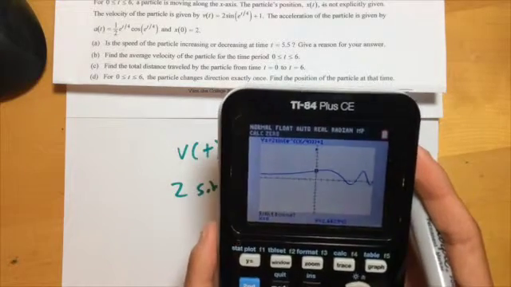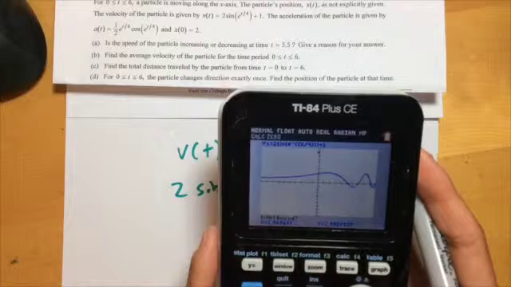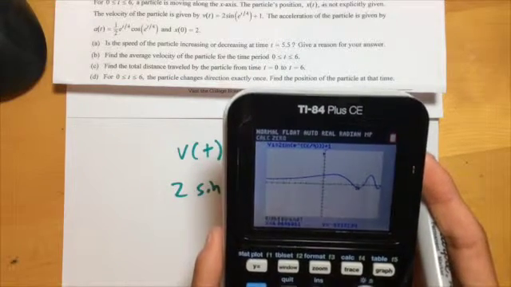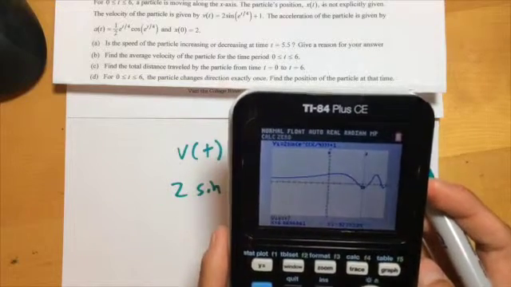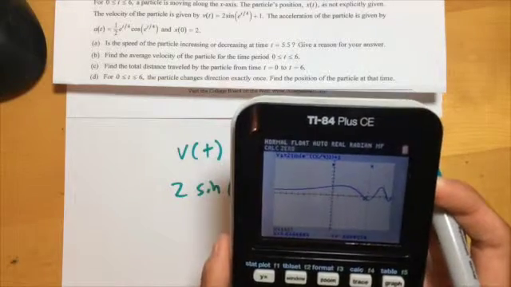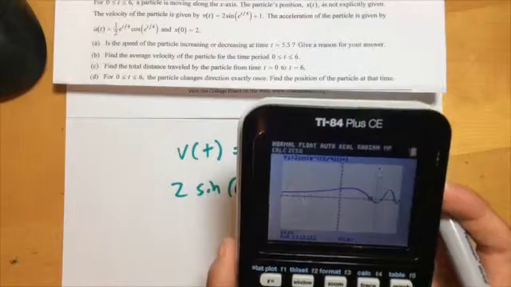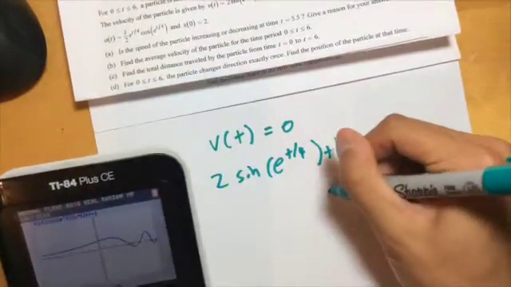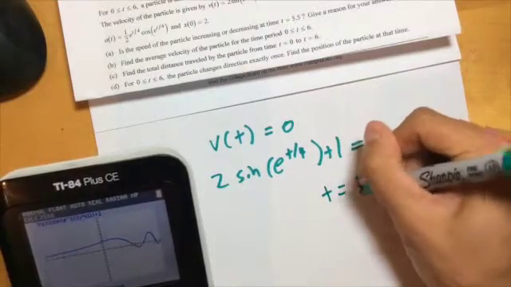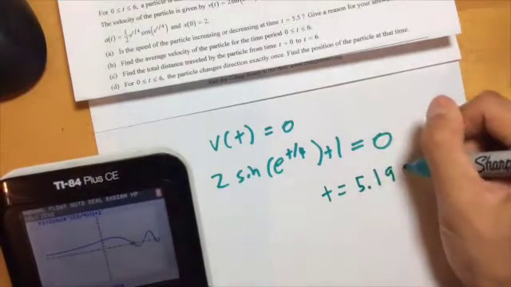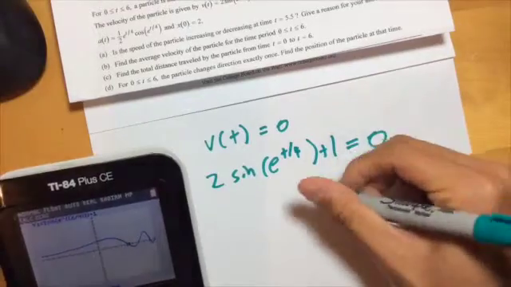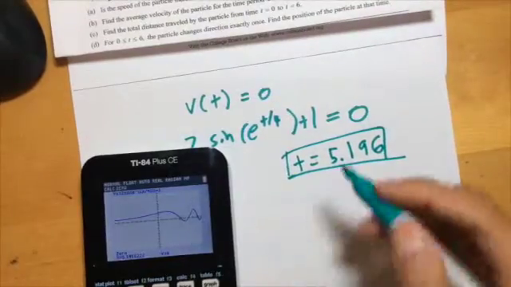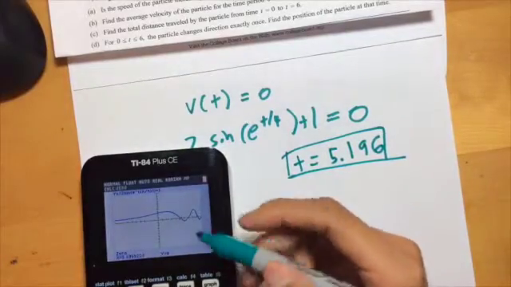And you bound it here at 0, and you also bound it at around 6.06, close enough. And you're guessing around here. Which gives you a 0 of 5.196 as your 0. Looking at the graph, it is going from a positive value to a negative value.